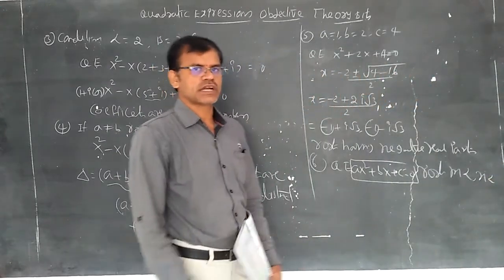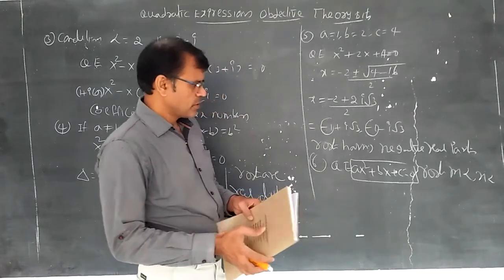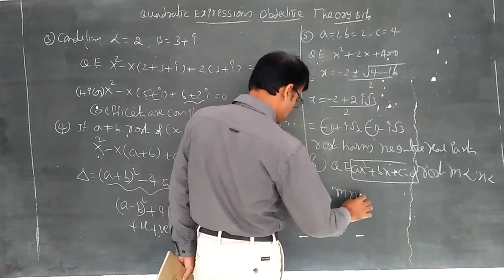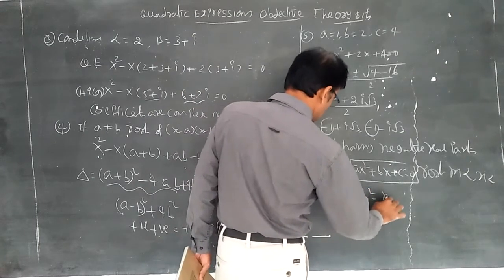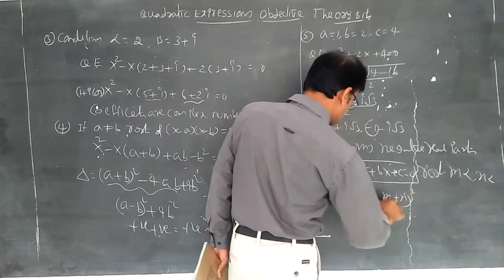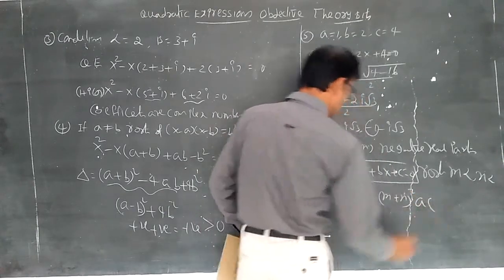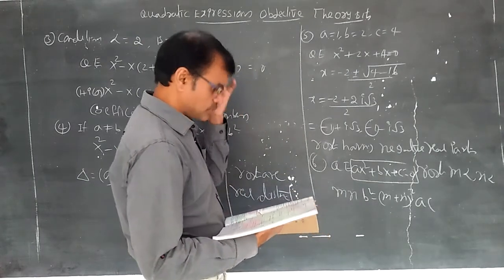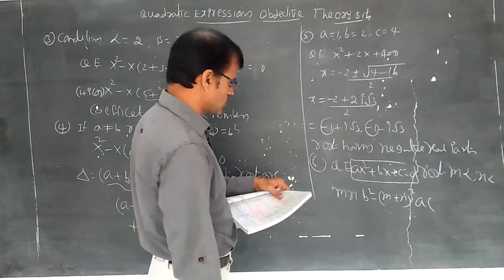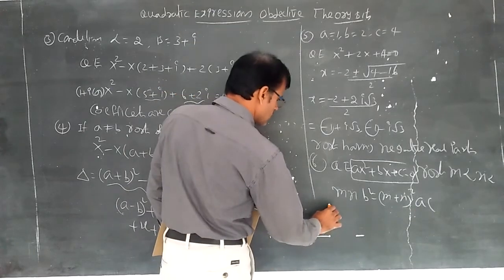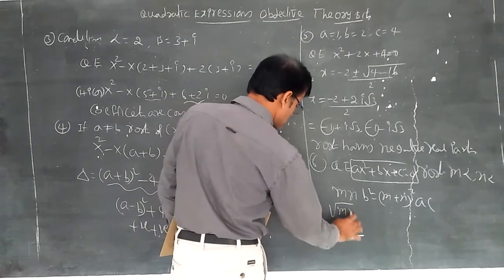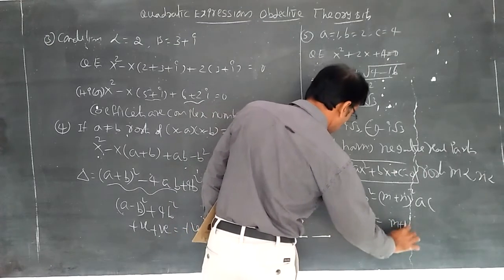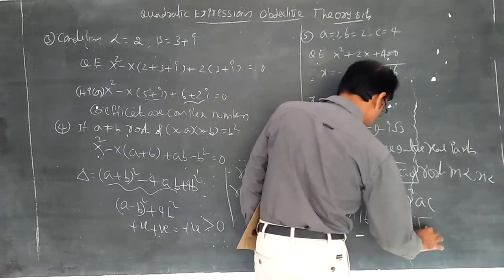Yesterday we discussed the condition theorem. mn b square is equal to (m plus n) whole square into ac. Already we discussed yesterday. Take root on both sides: root mn into mod b is equal to (m plus n) into root of ac.